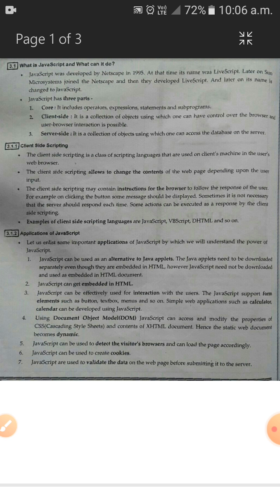The second application is that JavaScript can be embedded in an HTML document. JavaScript can be effectively used for interaction with the users. JavaScript supports form elements such as buttons, text boxes, menus, and so on.